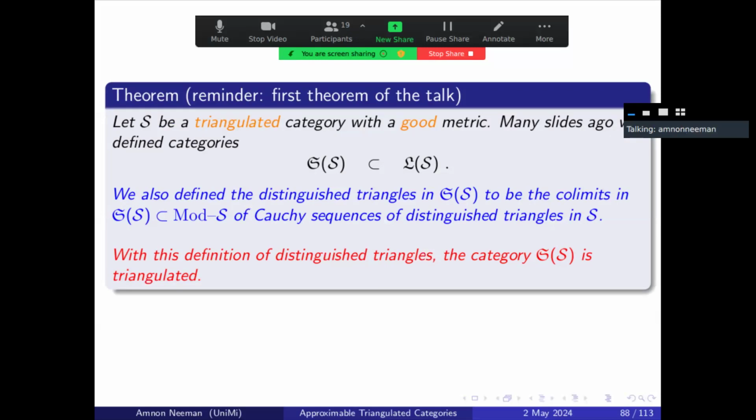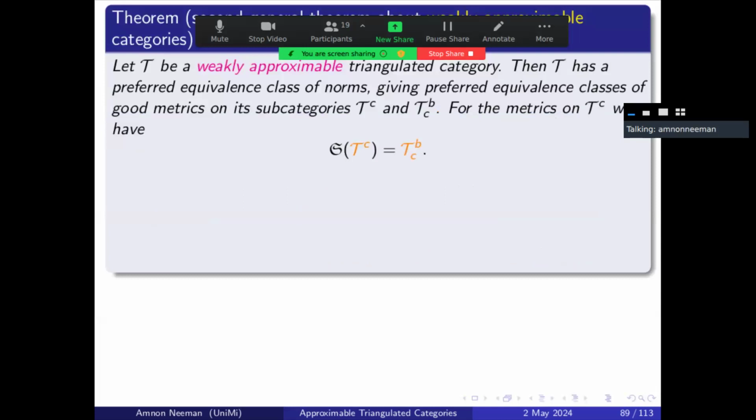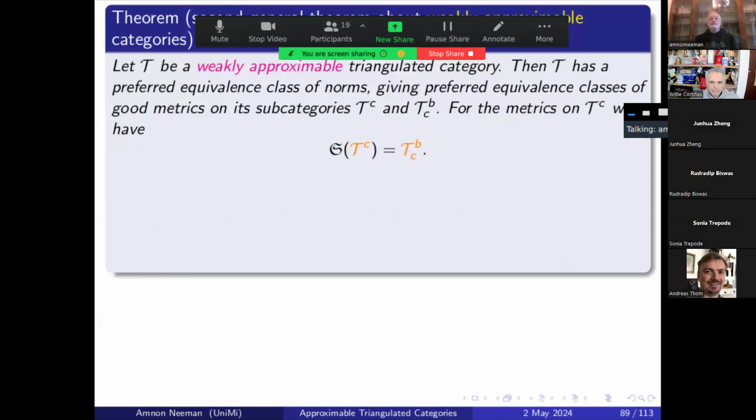Now let's return to the first theorem of the talk. The first theorem of the talk, many slides ago, told you that if you have a triangulated category with a good metric, then you can complete and look at the subcategory of the completion, and you can define distinguished triangles in the subcategory. And with this definition, S F S is triangulated. And now, the second theorem, then I gave you examples.